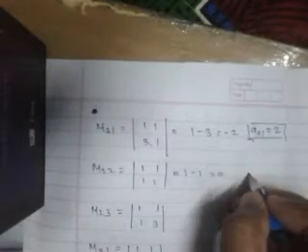Okay, so these are the minor elements. Now for the second row: M21 is 1 minus 3, which is minus 2. A21 is an odd position, so this becomes 2. Similarly M22 is 1 minus 1, which is 0, an even position, so A22 is 0. Then M23 is 3 minus 1, which is equal to 2.